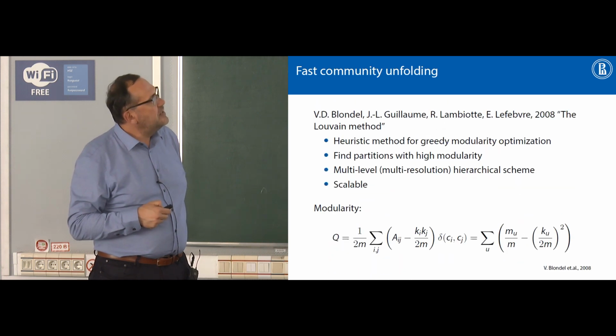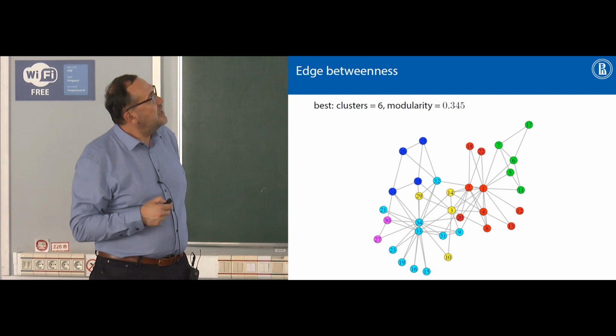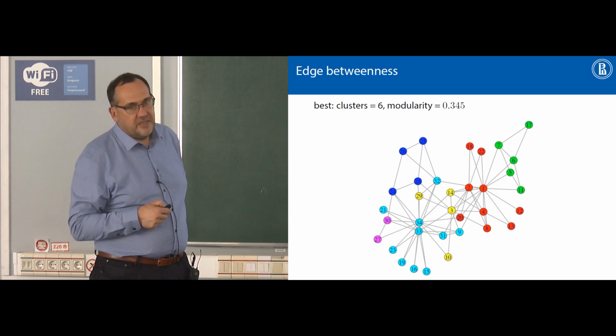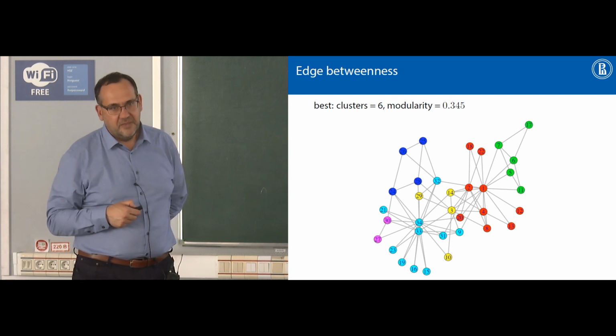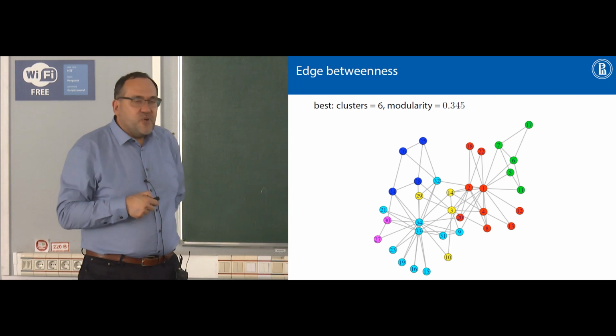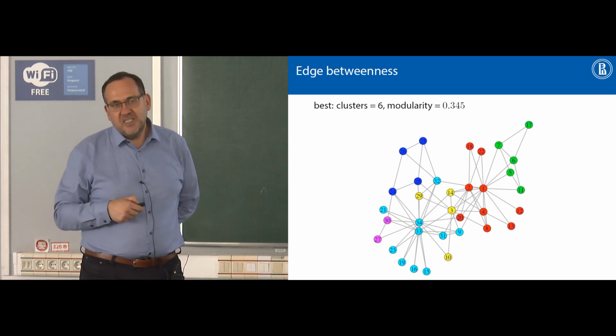Now, let me go back to the best result from the previous algorithm. For that one, the best modularity score was with 6 clusters and this number. So which of those 2 algorithms works better on this graph? The second one, right?